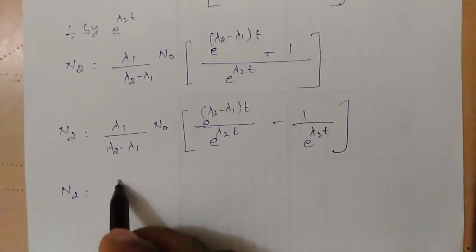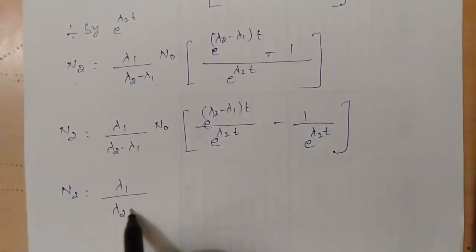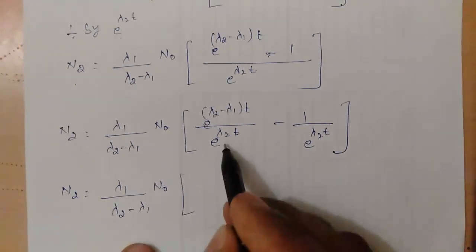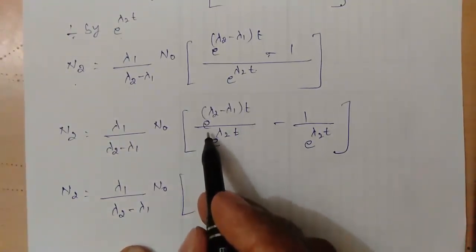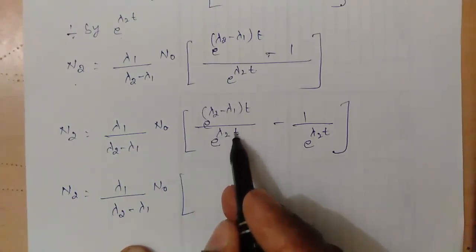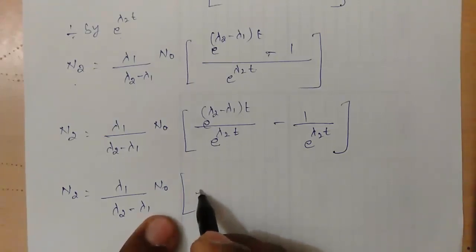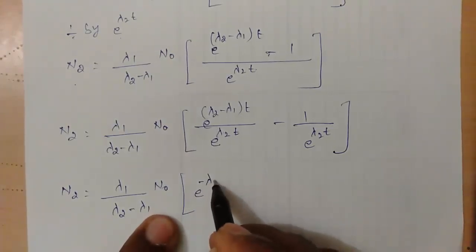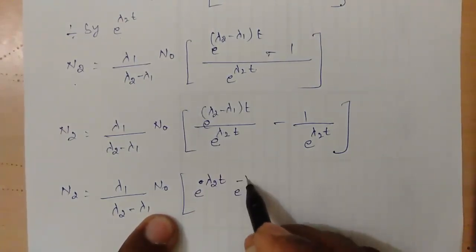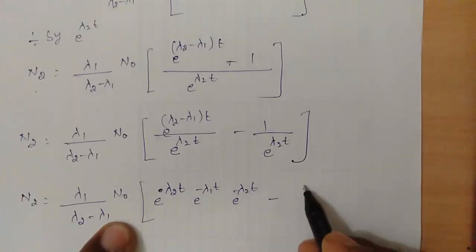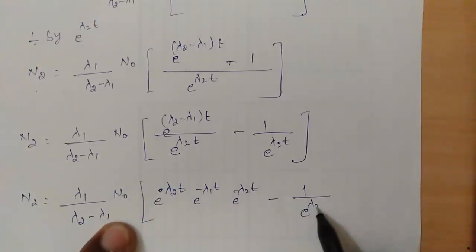If I take this to the numerator, e to the power of lambda 2 into t and e to the power of plus lambda 2 into t get cancelled. So we have e to the power of minus lambda 1 into t, e to the power of minus lambda 2 into t minus 1 divided by e to the power of lambda 2 into t. So this and this get cancelled.